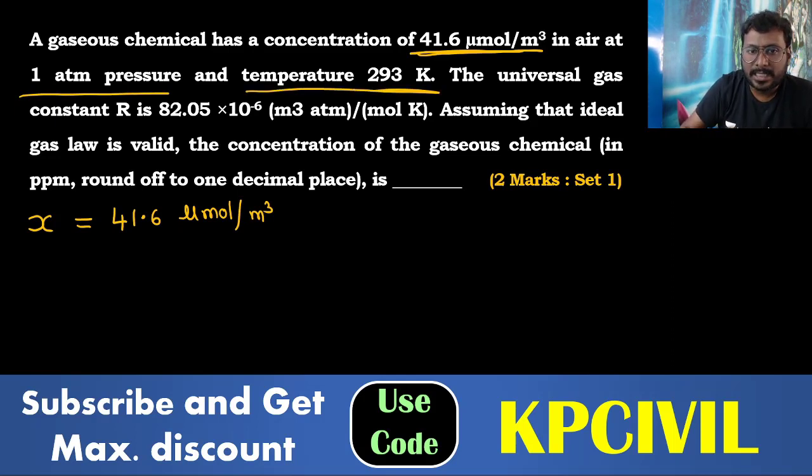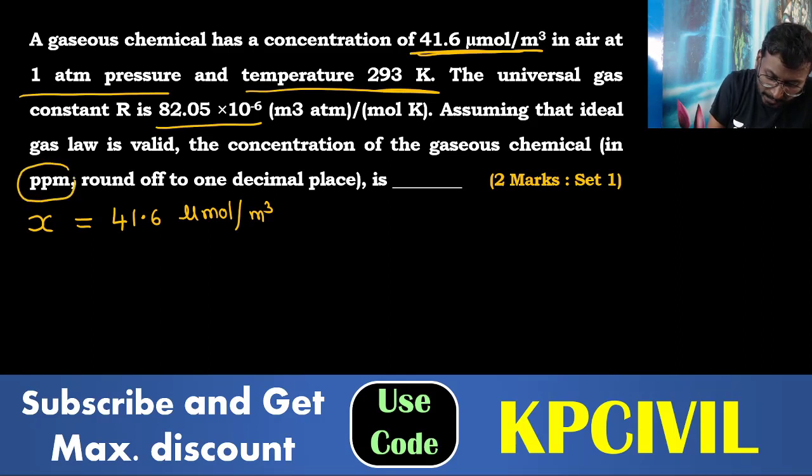Universal gas constant is 82.05 into 10 power minus 6. Assuming that the ideal gas law is valid, n is equal to 1. The concentration of the gaseous chemical in parts per million is required.